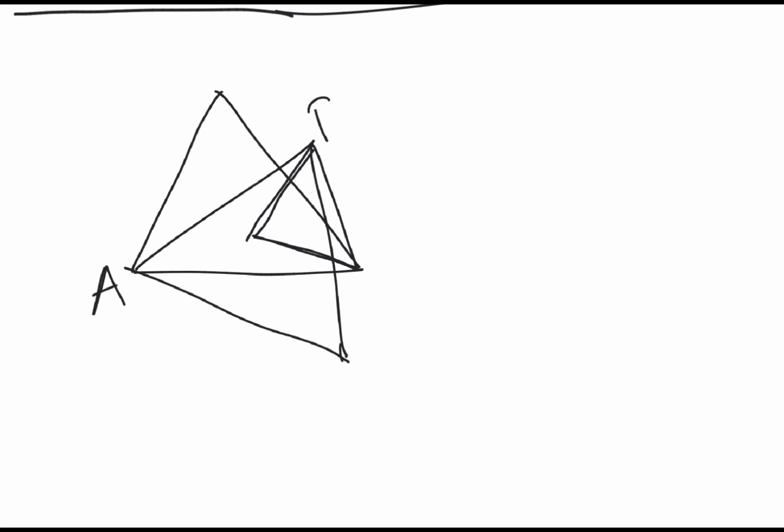So A, B, C, P, Q, R. So now we denote P prime, Q prime, and R prime, so as not to confuse it with the previous, with the outward triangles.